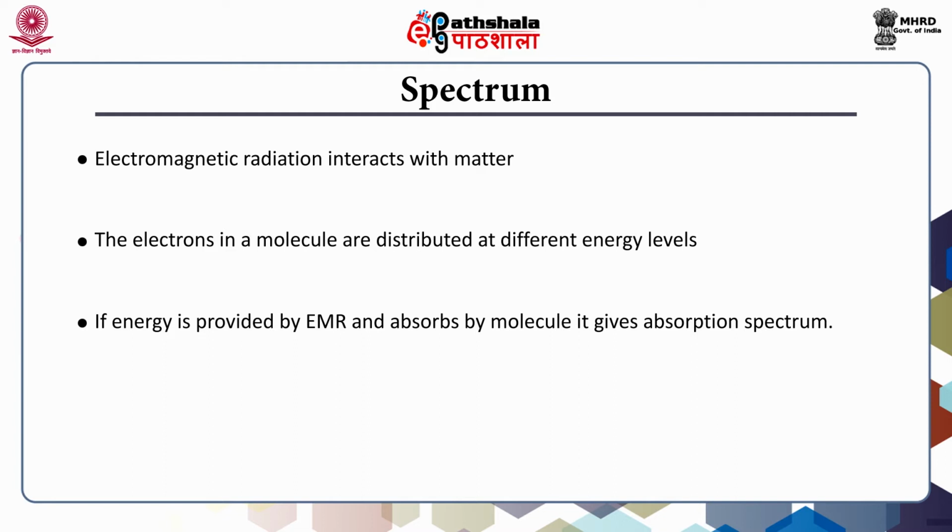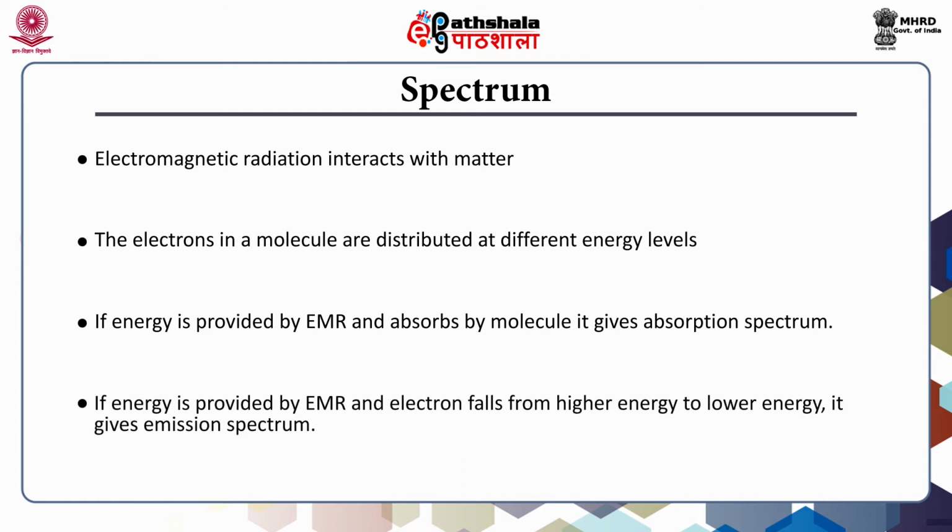If this energy is derived from electromagnetic radiation, it gives rise to the absorption spectrum, that is the range of wavelengths which are absorbed by the electrons of the molecule to reach the excited state. When electrons fall back from the higher energy excited state to the lower energy ground state, it gives the emission spectrum. Therefore, absorption and emission spectra are characteristic of a wavelength of electromagnetic radiation and the material involved.